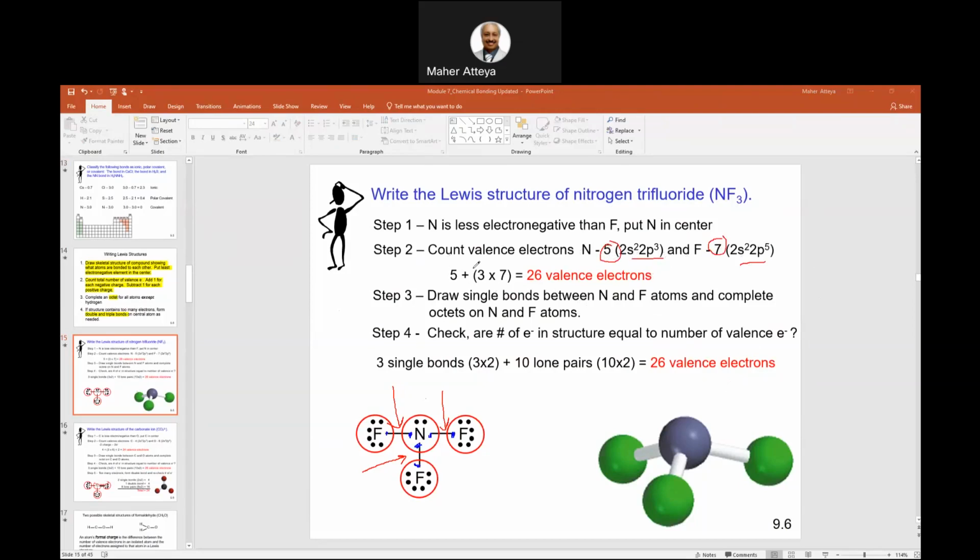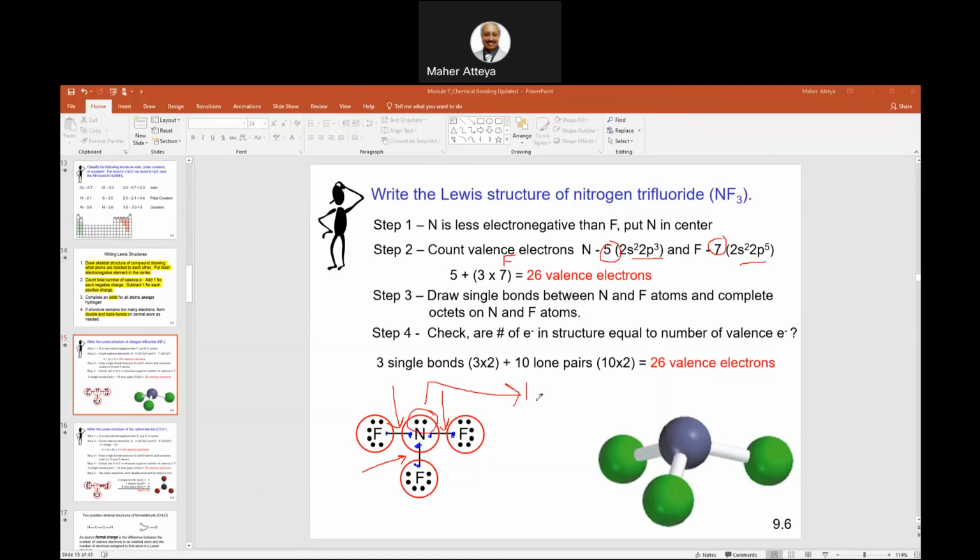So in total, you have three of the 7 of the fluorine. This is fluorine here. 3 times 7 is 21, plus 5, 26 valence electrons. You can count all those here. Just double check, those are 26. So 3 single bonds and one here, this one here called a lone pair.